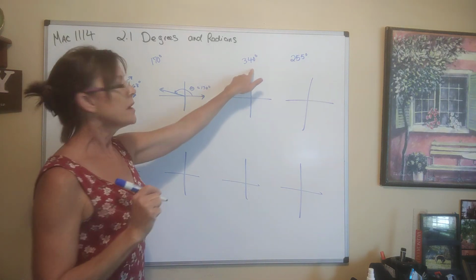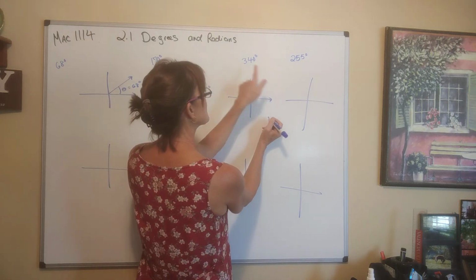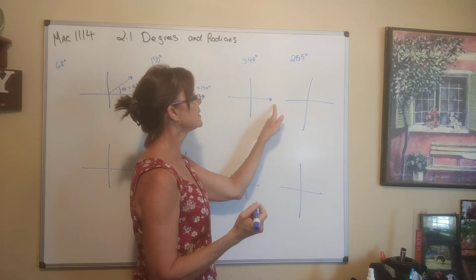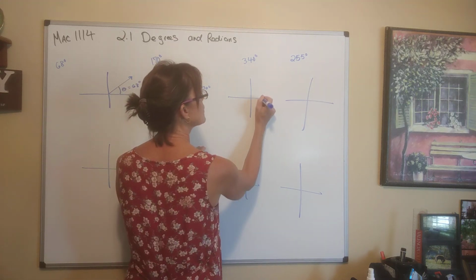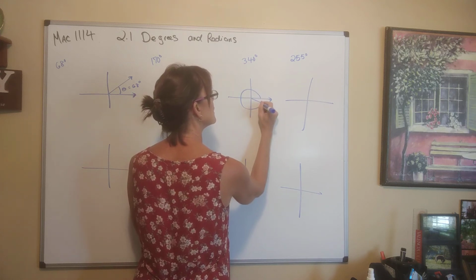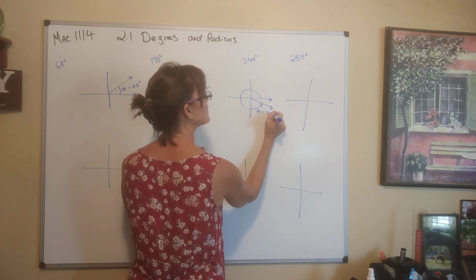All right, 340 degrees. If this is my initial side, this is 90, this is 180, this is 270, and all the way to here is 360. 340 is a little bit less than 360, so it's probably here. Here is what theta is in this case.